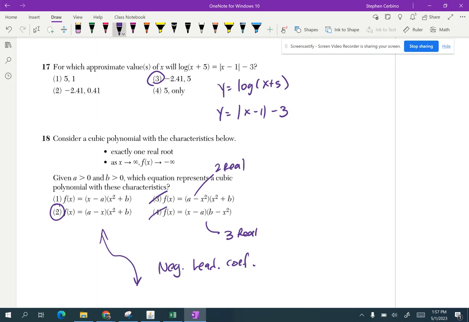Now, if that was a confusing one for you, you can choose some numbers for A and B, but make sure you choose the same numbers for all. Like choose A is 2 and B is 5, and graph all 4 choices and see which one has one intersection, one real root, so one intersection, and which one looks something like this, where it's going to end by pointing down. 18 was a tough one.